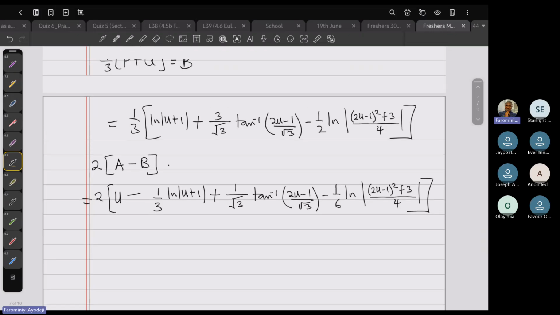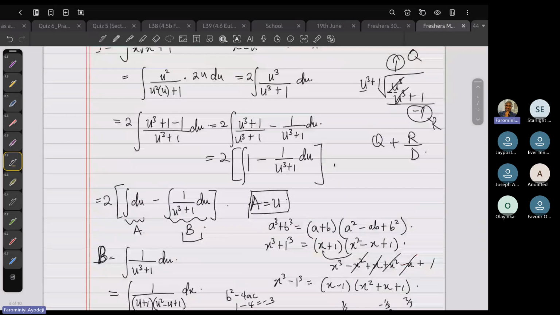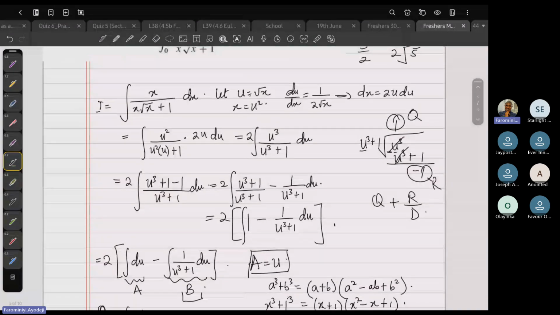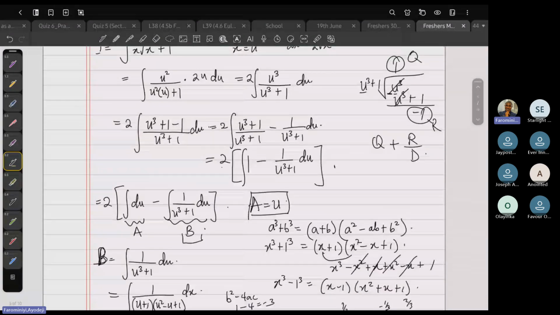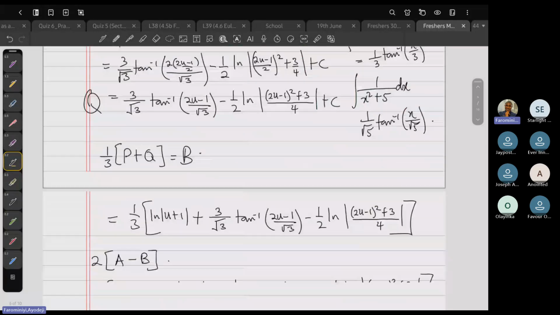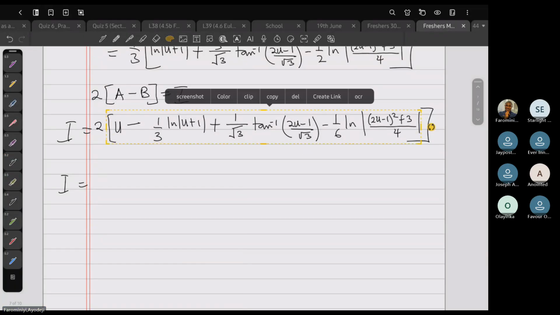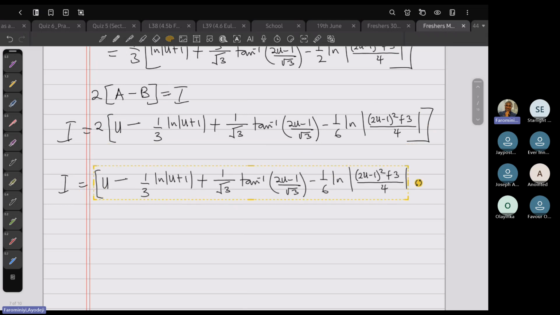So what is this 2 times A minus B? Let's trace it back again. This 2 times A minus B is actually the I itself. It's actually what we are looking for. So there is only one more substitution we have to take back. U is equal to square root of X, and we'll be done. So I is equal to, I think I should copy. Ever, you see what you have made us go through.